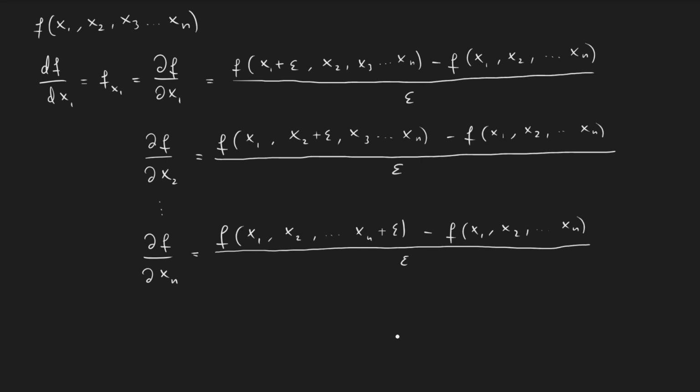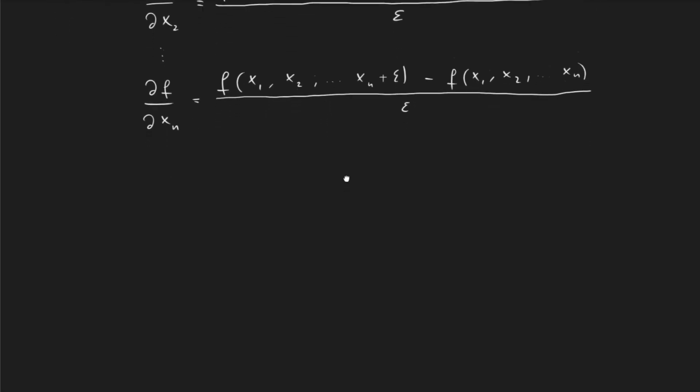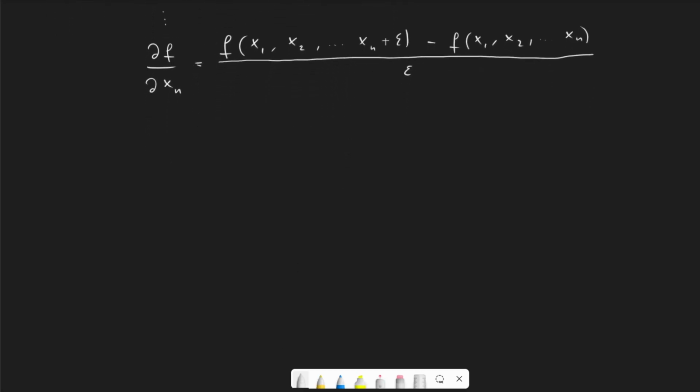Let's look at a concrete example so that you would understand these better. So let's suppose we have a function f with three independent variables x, y, and z. And our function will be x times y squared plus z times cosine of z. So we will have three partial derivatives. The first will be this df over dx.